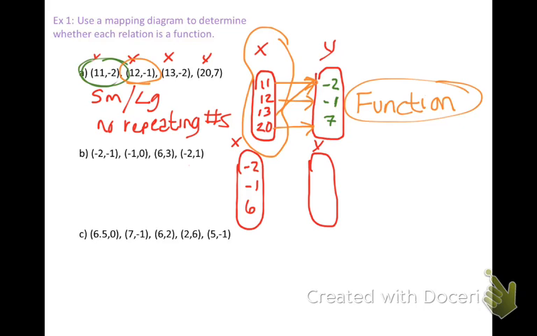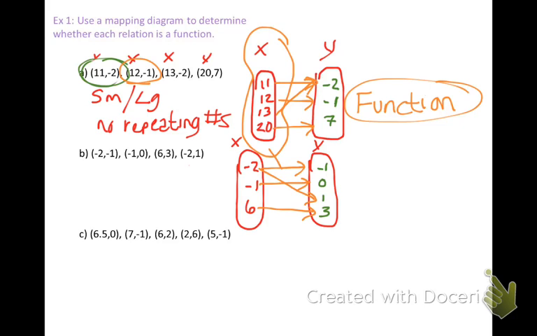I have negative 1 as my smallest, then 0, then 1, then 3. Now I'm going to do my arrows. Negative 2 goes to negative 1. Negative 1 goes to 0. 6 goes to 3. And negative 2 goes to 1.